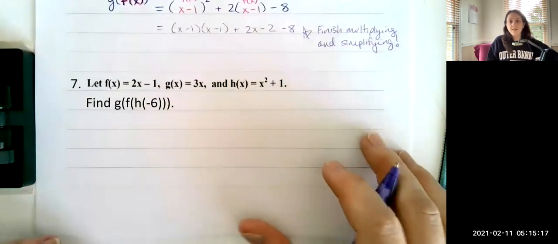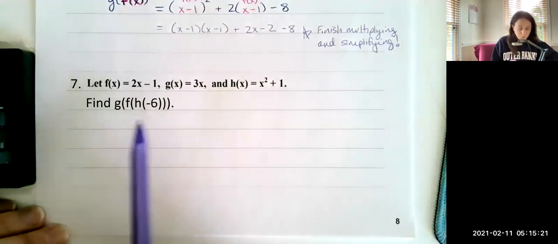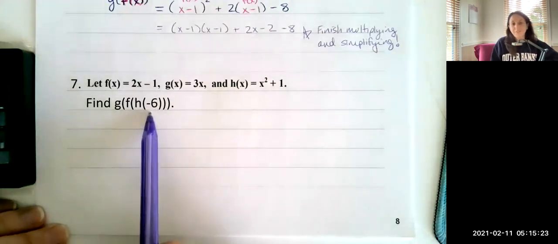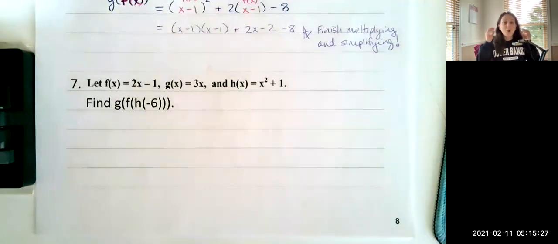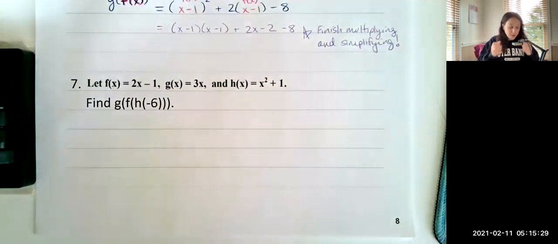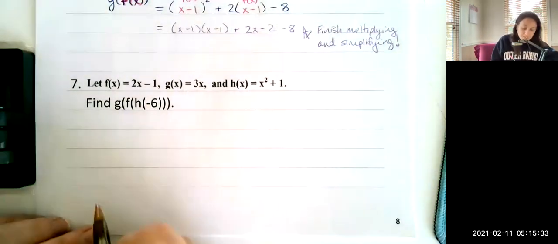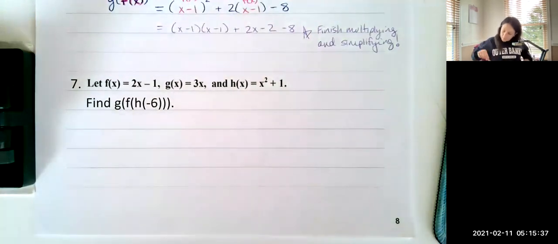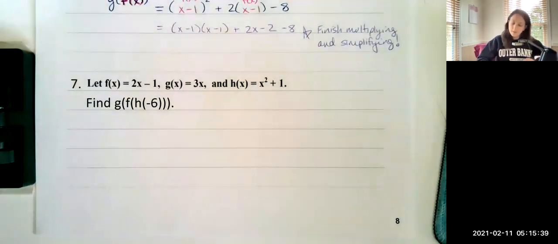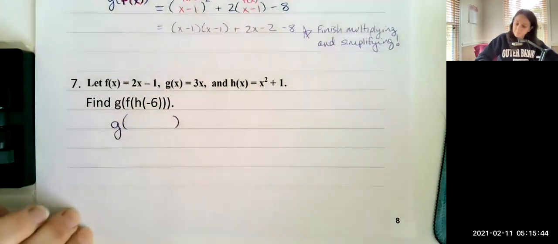All right, lastly, number 7, g of f of h of -6. This is a problem you can tell that I wrote because of the typing, how it's typed. But we're going to work again, always from the inside out. So if I track this down to the inside, the most inside piece, oh, I need one more color. Green. All right, so I've got g on the outside.